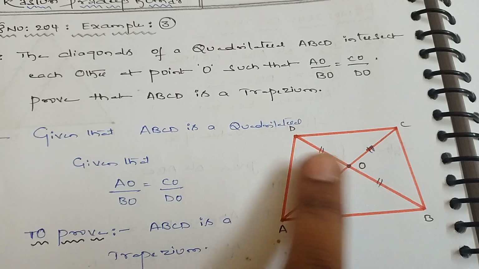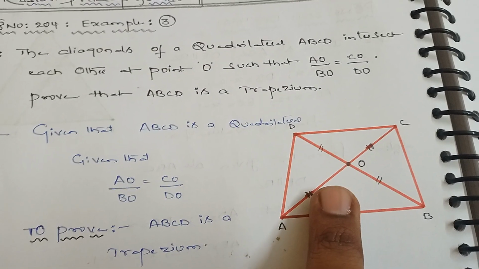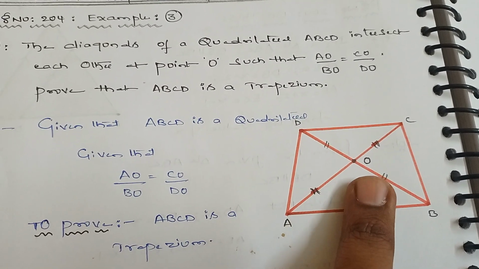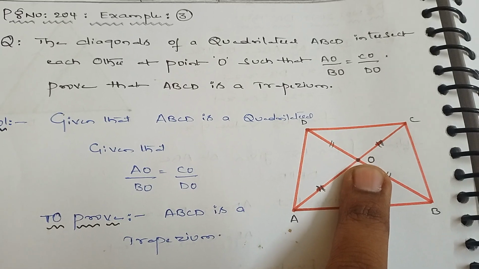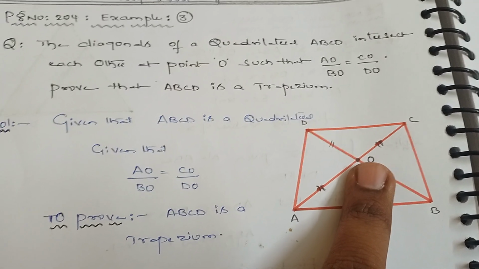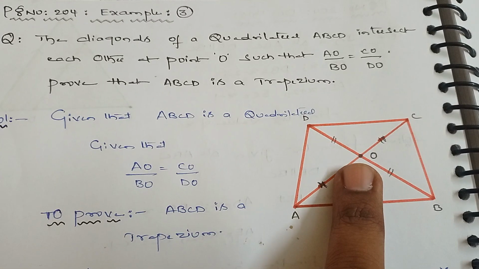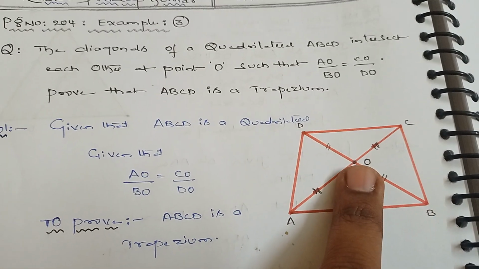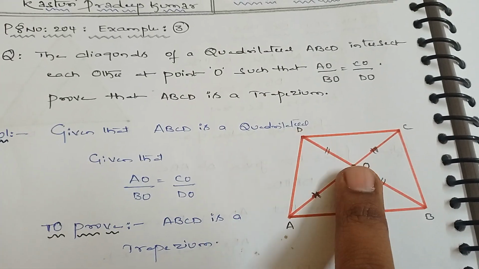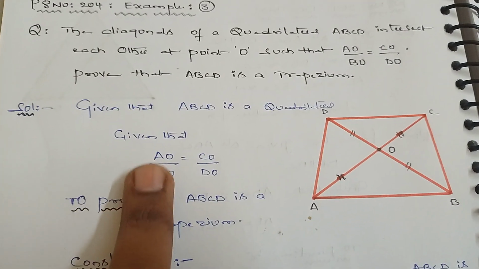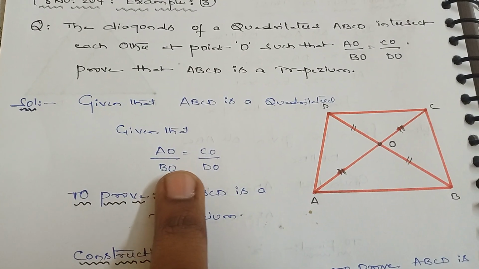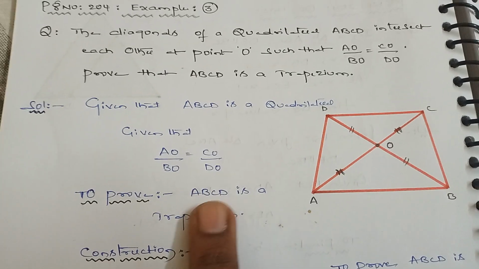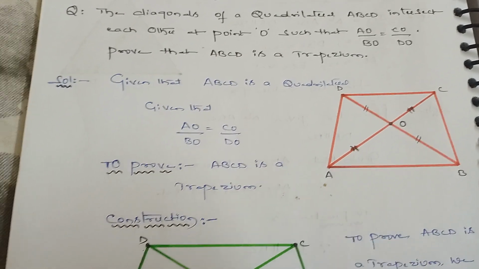The diagonals intersect each other at point O such that AO by BO equals CO by DO. That is given in the question. We need to prove that ABCD is a trapezium.